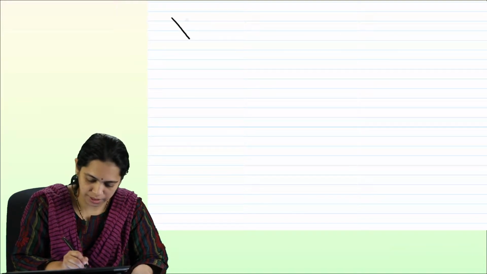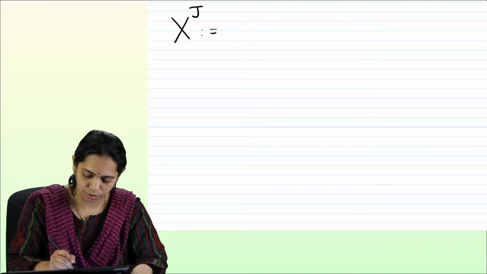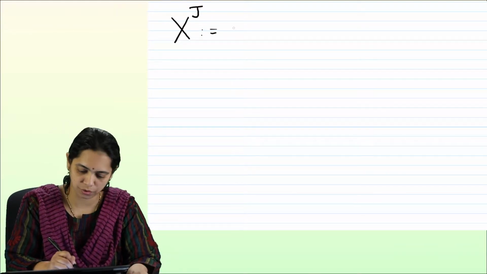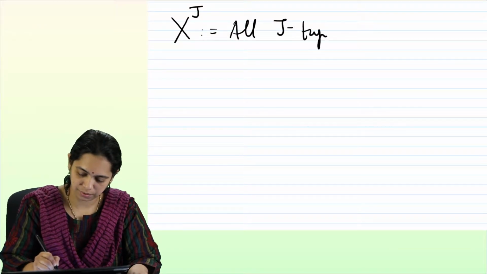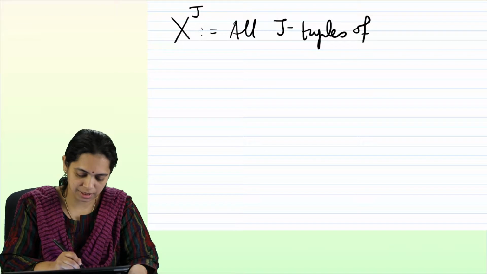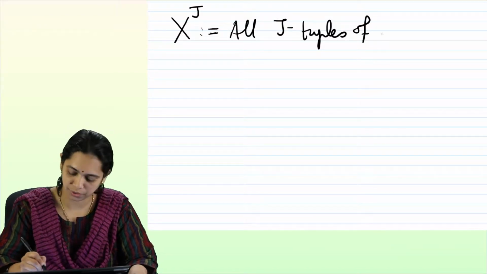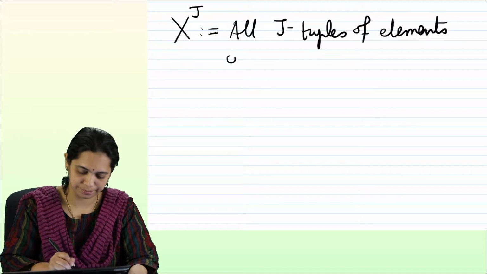So, what is X raised to J? This is by definition all functions from J to X, which can also be thought of as all J tuples of elements of X.